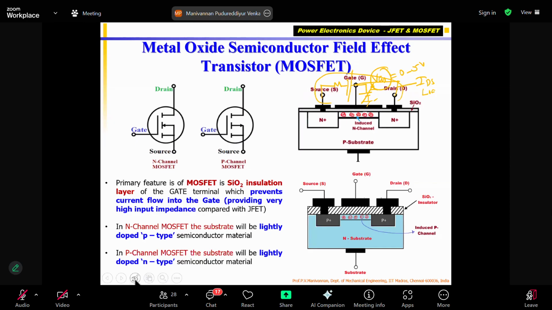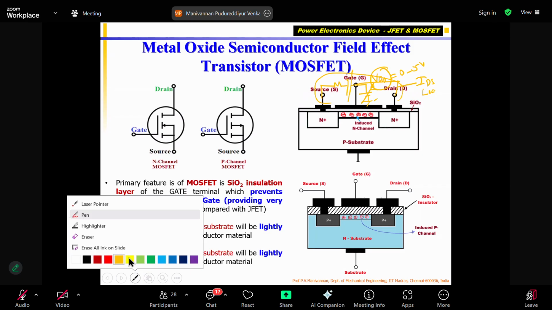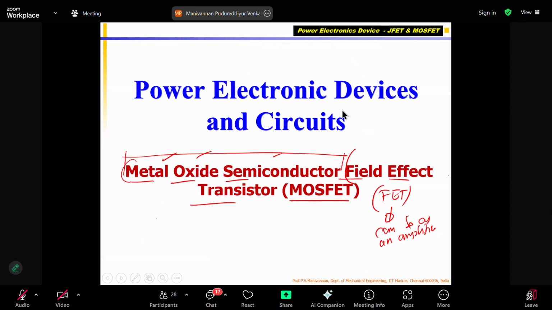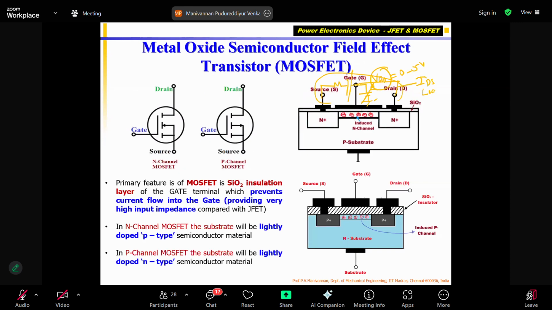It is similar to JFET, but the only difference is the insulating layer, which provides very high input impedance. So the MOSFET is much superior as per the current consumption from the sensor, the loading effect on the analyzer, because input impedance is very high. And other attributes also we will see.